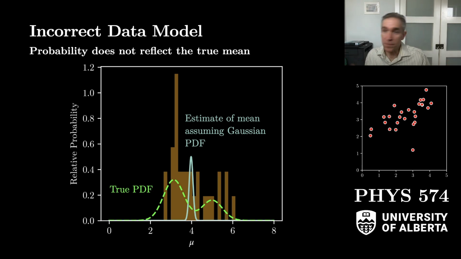You may not care. You may only be concerned that the mean of this result is the mean of the data, and that works really well, but you aren't actually characterizing the underlying data model very effectively, and you'll end up with a very low probability that a single Gaussian is a good representation of these results.